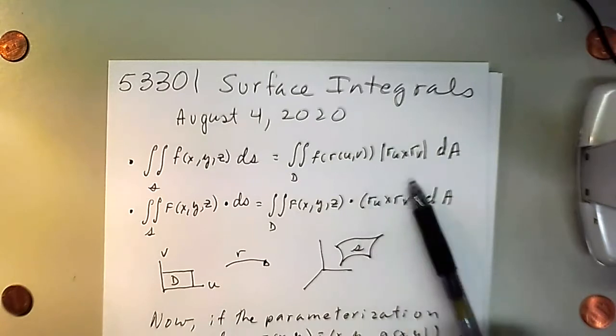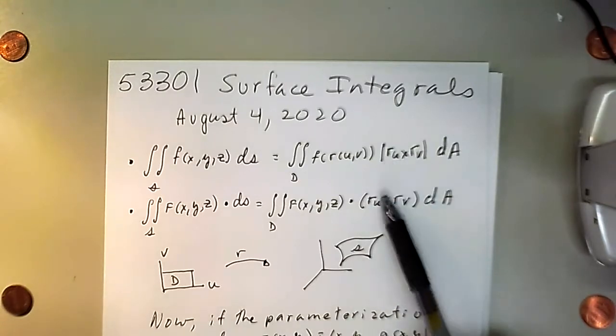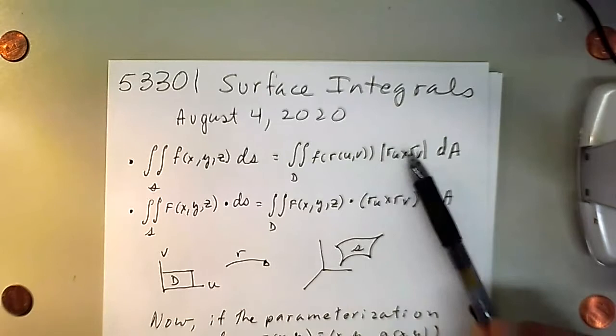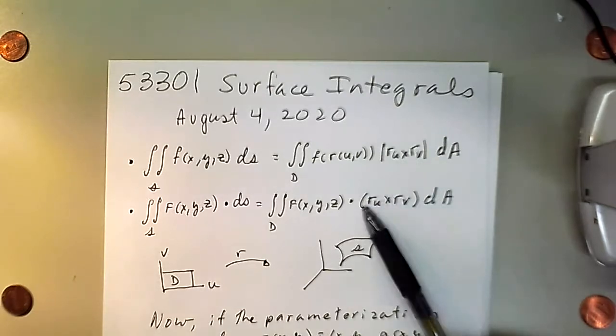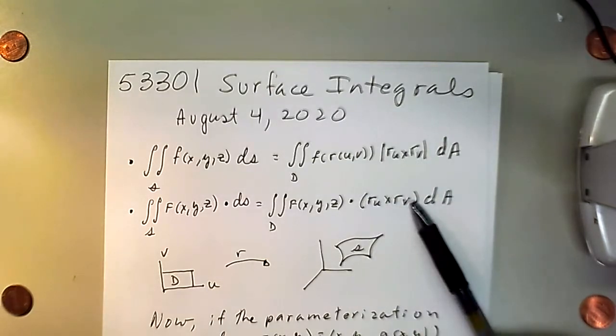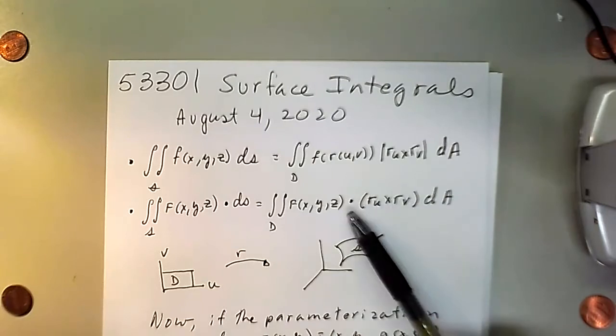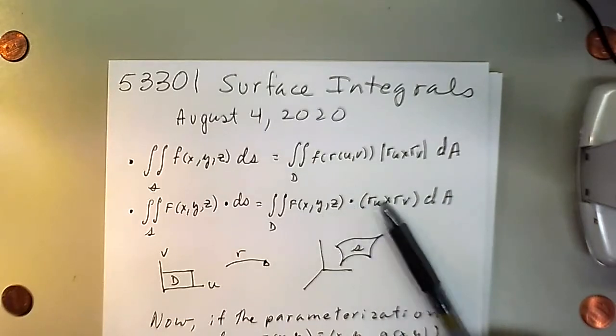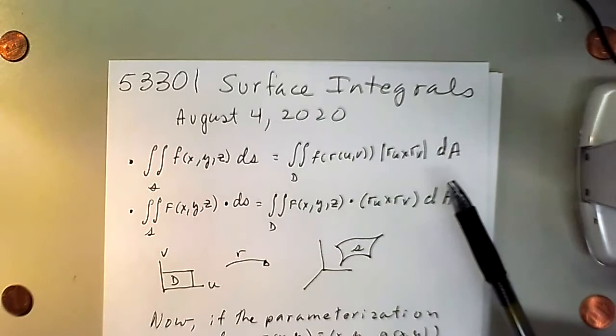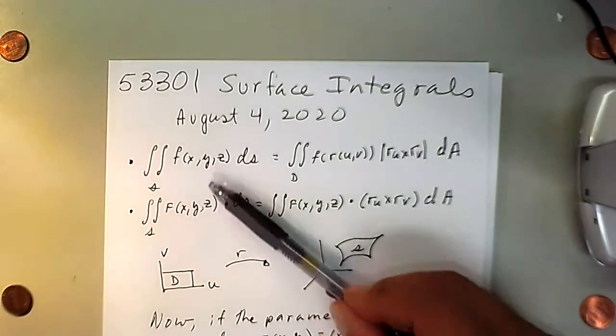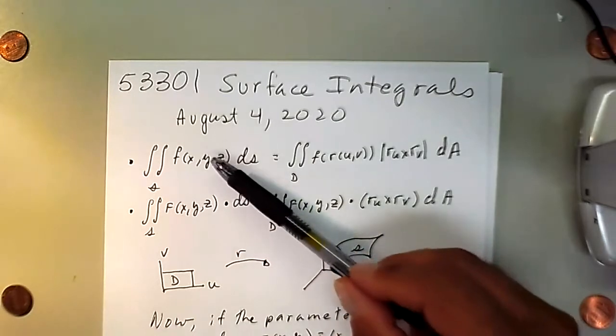However, we don't do the magnitude. That is the difference between that and that. Make sure you understand the difference. We don't do a magnitude. We simply leave it alone, and then we take the dot product of those two. So that's the way we figure out each one of those. Those are the two things we're going to cover in this video.